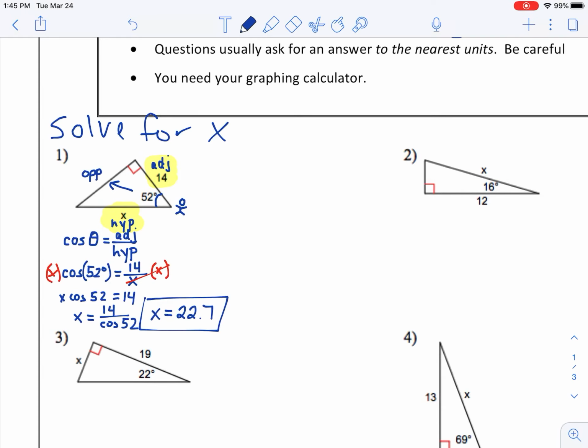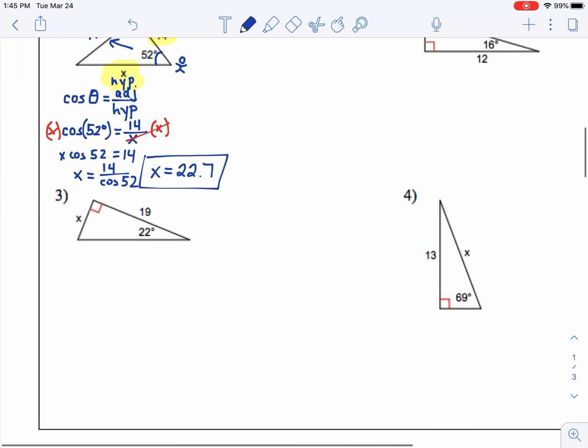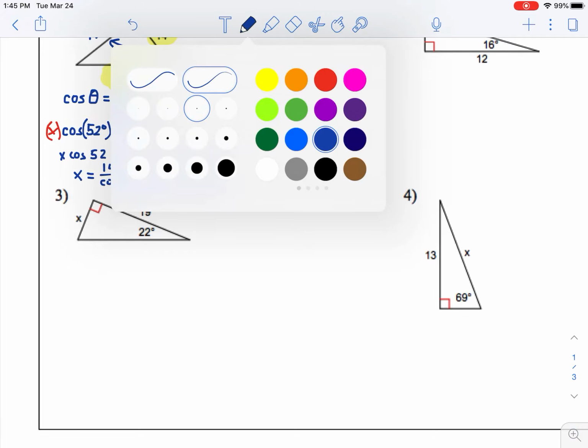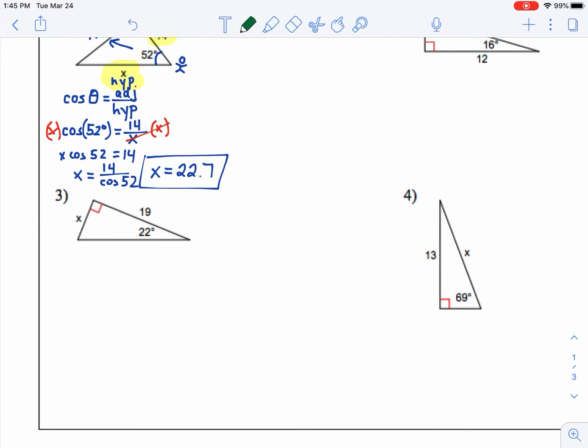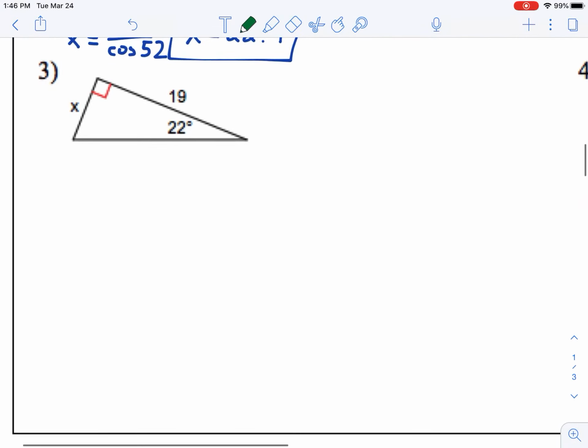Okay, I'm going to do one more. I'm going to skip to number 3 down here. First step, draw my little person. You might not be drawing him anymore. Label my sides. Opposite, hypotenuse, which doesn't look like I care about, and 19 is the adjacent side.